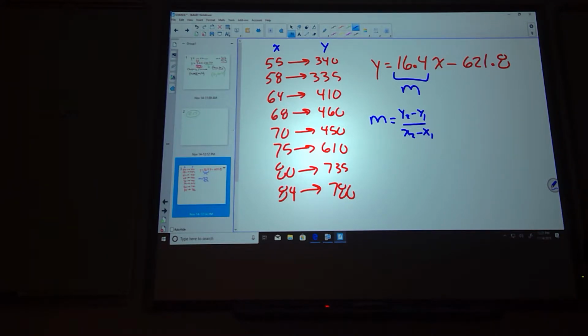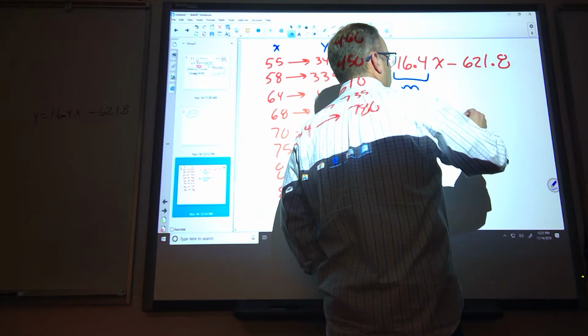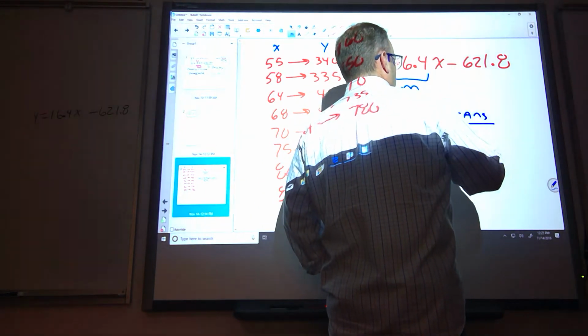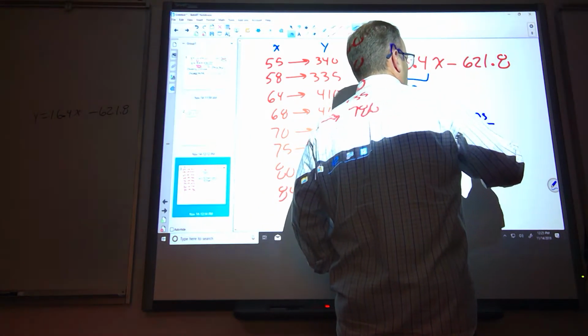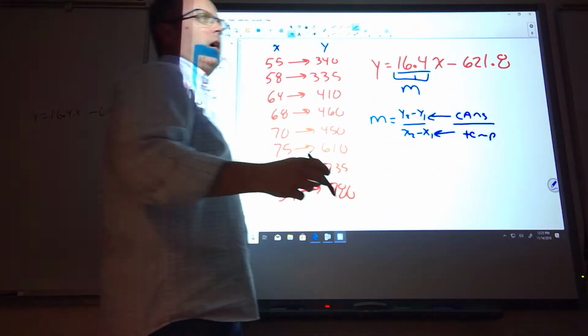Cans of soda. So what does 16.4 mean in the context of this problem? Our y values are cans, and our x value is temperature. So what does 16.4 over 1 mean in the context of this problem?